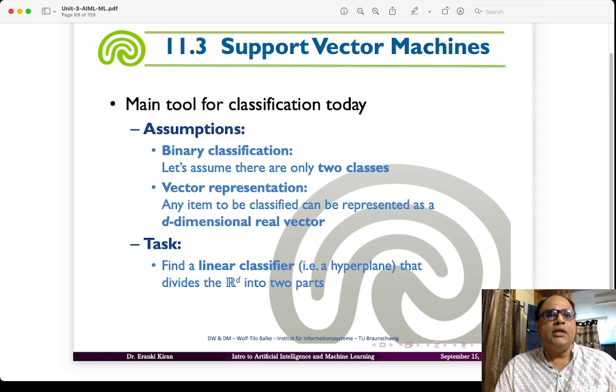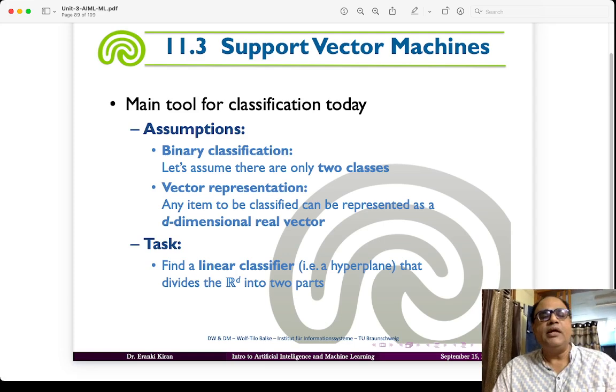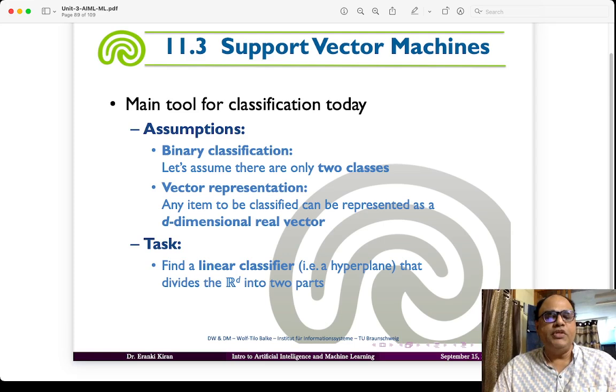This is the specialty of this classifier, whereas the previous classifiers that we have dealt with deal with only the scalar representation, because they are primarily either probabilistic based, distance metric based, or based on attribute selection features.